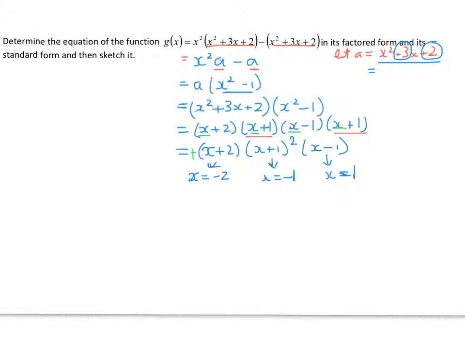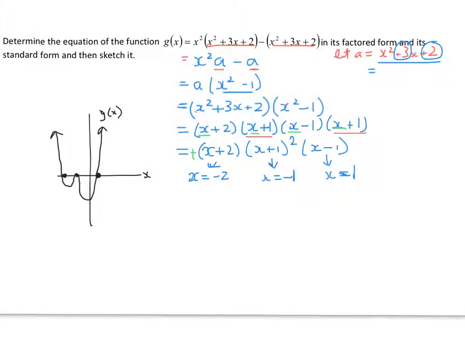So now if I go to sketch that, I'm going to have an x-intercept at -2, at -1, and at +1. And at -1, we have a bounce happening there. So from positive infinity, it's going to come around, bounce off of that one. We're going to have a y-intercept, and then it's going to loop around like that. So there's my g of x function, sketched.